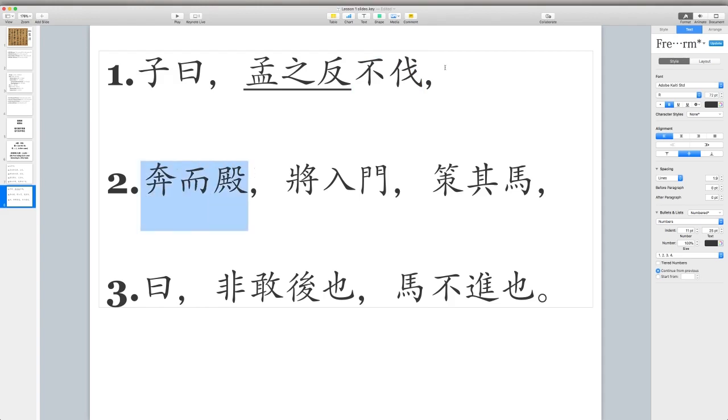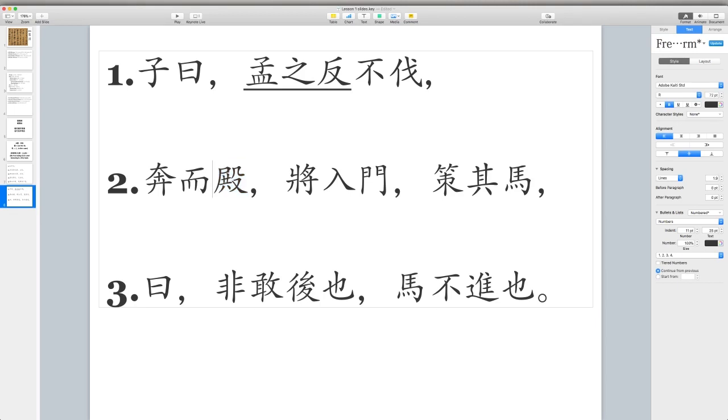奔而殿, so 奔 means to flee or to retreat. 而 is the marker of verb coordination. So what that tells us is 殿, even though 殿 is normally a noun, which means like the rear guard of an army, here it's acting as a verb. And we'll talk more about parts of speech next week and how things that are normally nouns can act as verbs oftentimes.